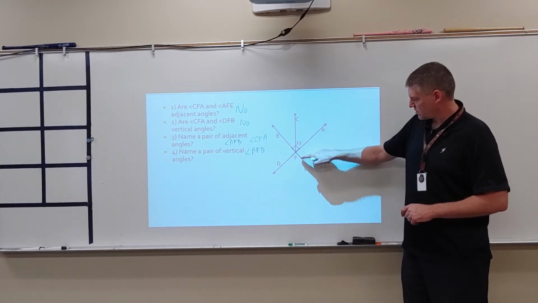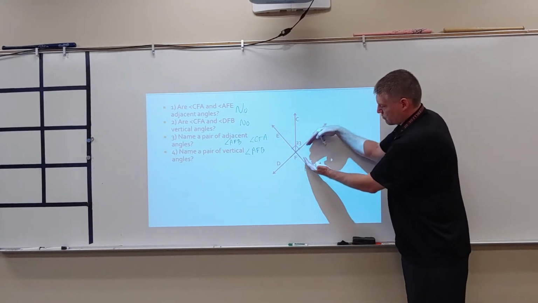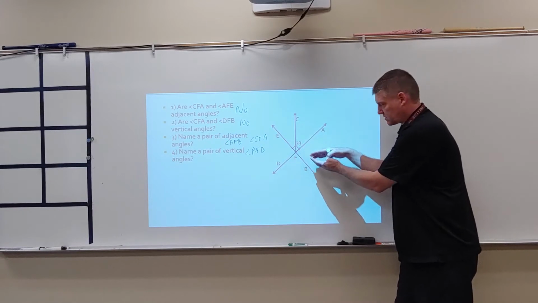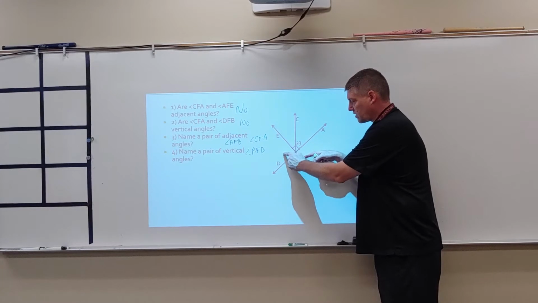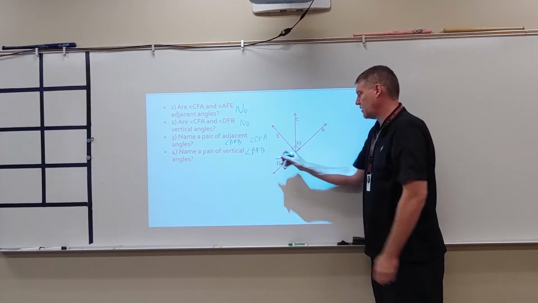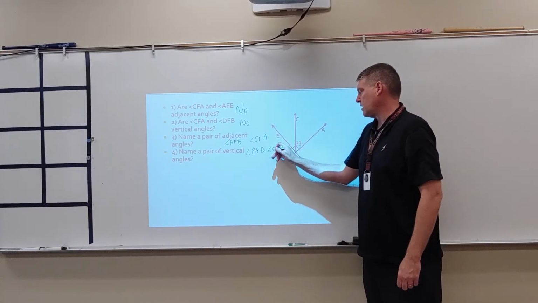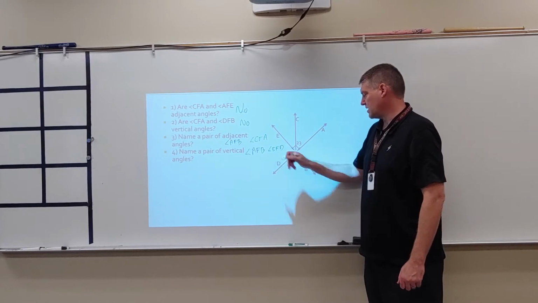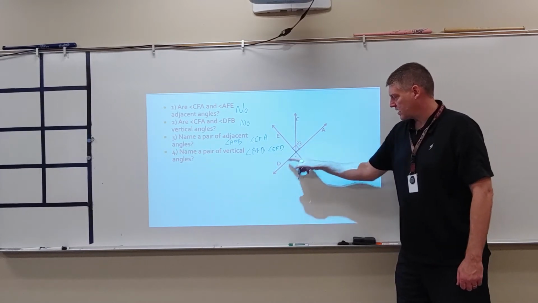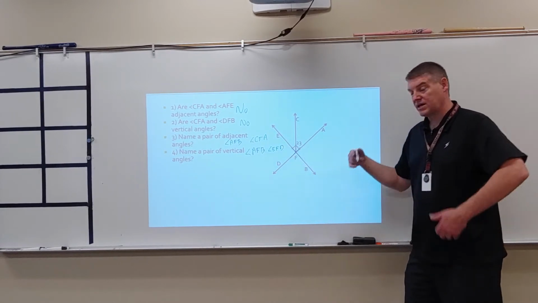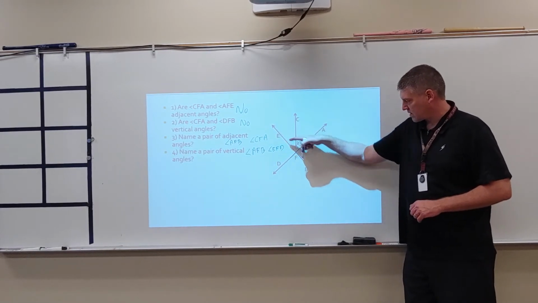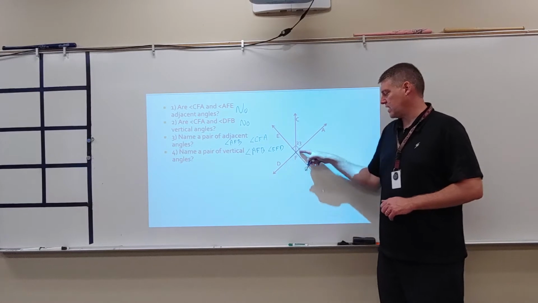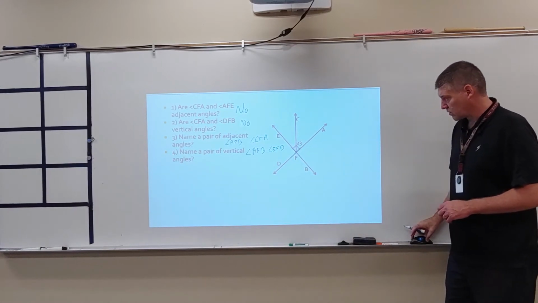Notice it comes to a point at F. When we come to that point, vertical says it's got to point to the other one. It's pointing towards it. Here's my other angle, EFD. AD is a line, EB is a line, so those are vertical angles. I could have picked EFA and DFB. Those would also work.